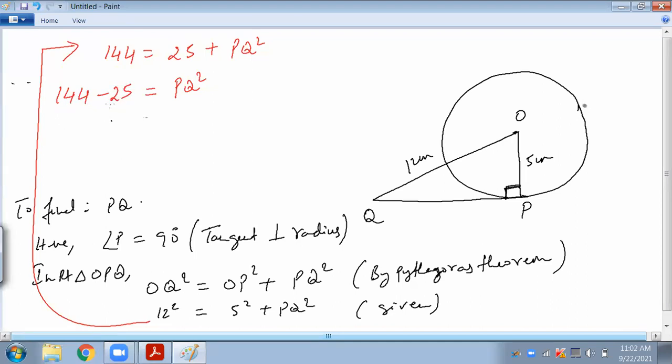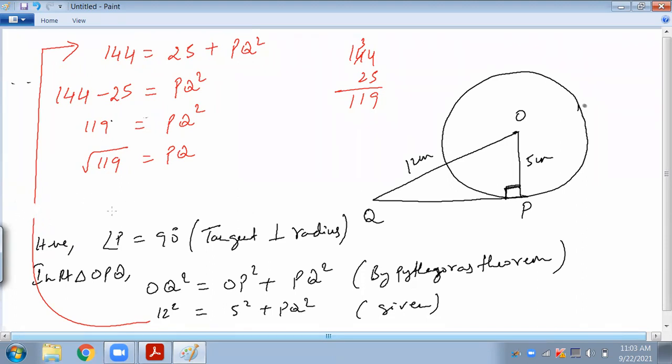Now 144 minus 25 is 119. So PQ square is 119. Now to find PQ, we take the root on the other side. So we get root of 119. We cannot find the prime factors of 119 because it is a prime number. So we can write PQ is root of 119 cm. So the answer is option D.